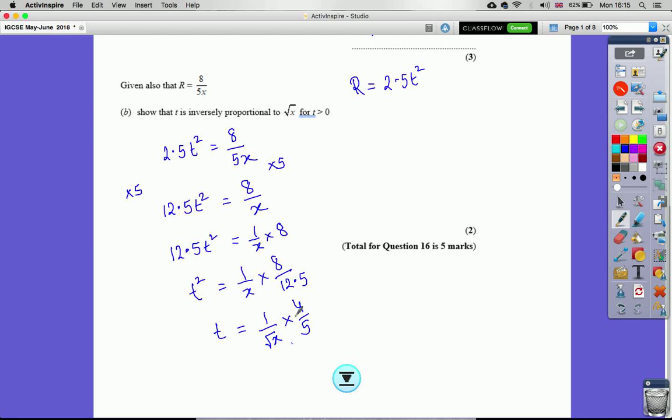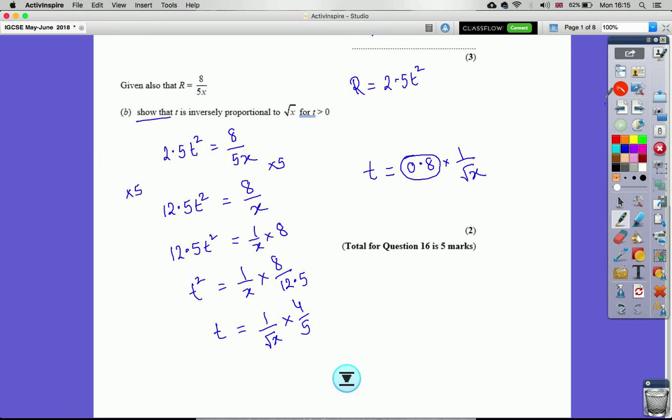So if I write it in a simplified form, I can write T is equal to 0.8 times 1 over square root of x. Now this 0.8 is a constant, so T is inversely proportional to square root of x, and that is proved.